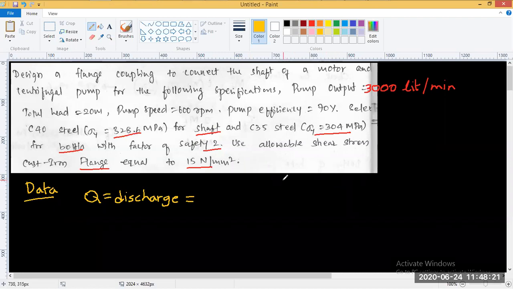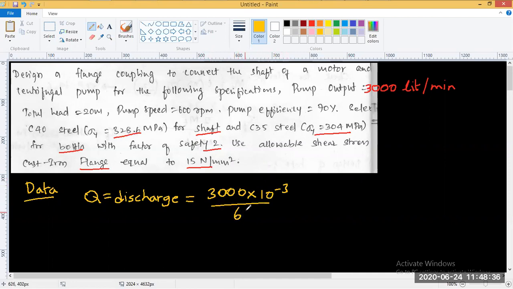Q is discharge, which is 3000 liters per minute. When you convert 3000 liters to cubic meters, it will be 10 power minus 3, divided by 60, in meter cube per second. To convert liters to meters cube, you divide by 1000, and minutes to seconds you divide by 60.